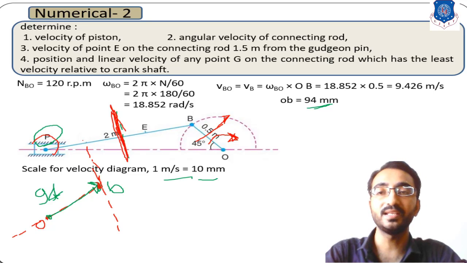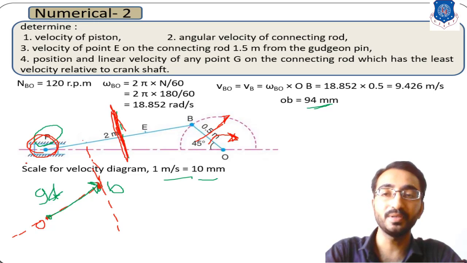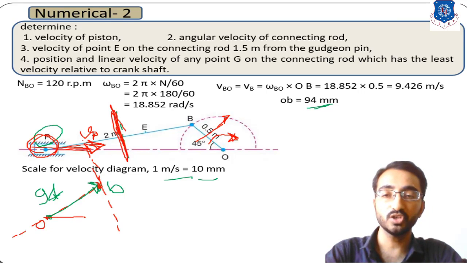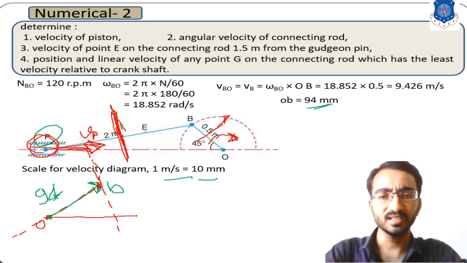Now point P, that is your link number 4. Now this point P, or we can say slider P. Now slider is moving in horizontal direction, and we have learned that the motion of slider will define the velocity of slider, because velocity of slider is always in the same direction of motion. So the motion of this slider will define the direction of velocity.